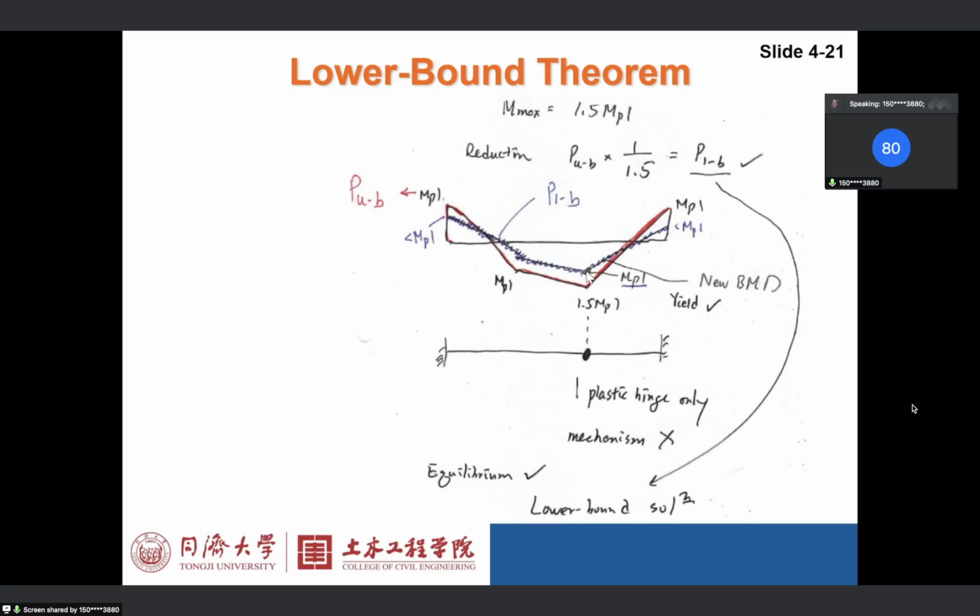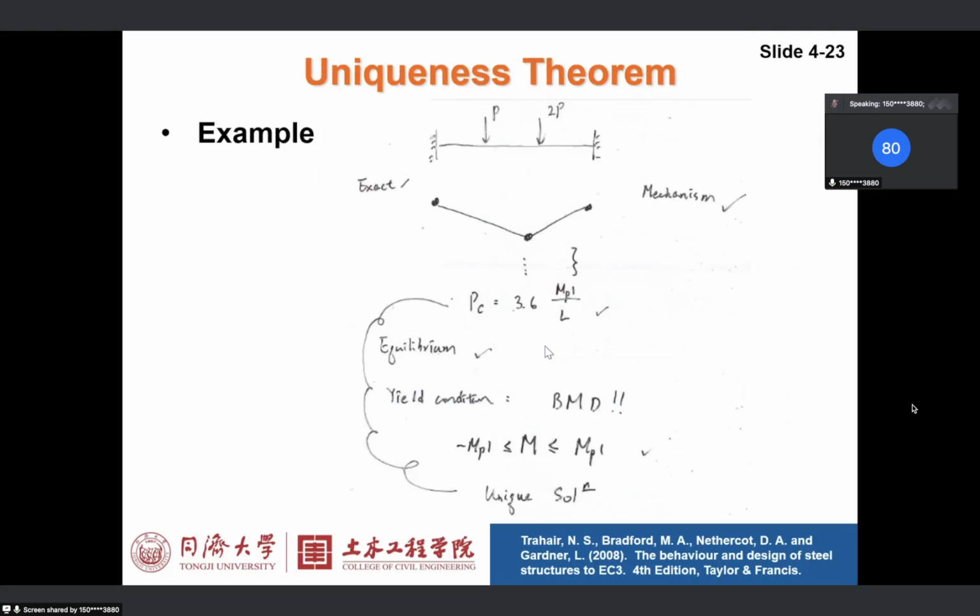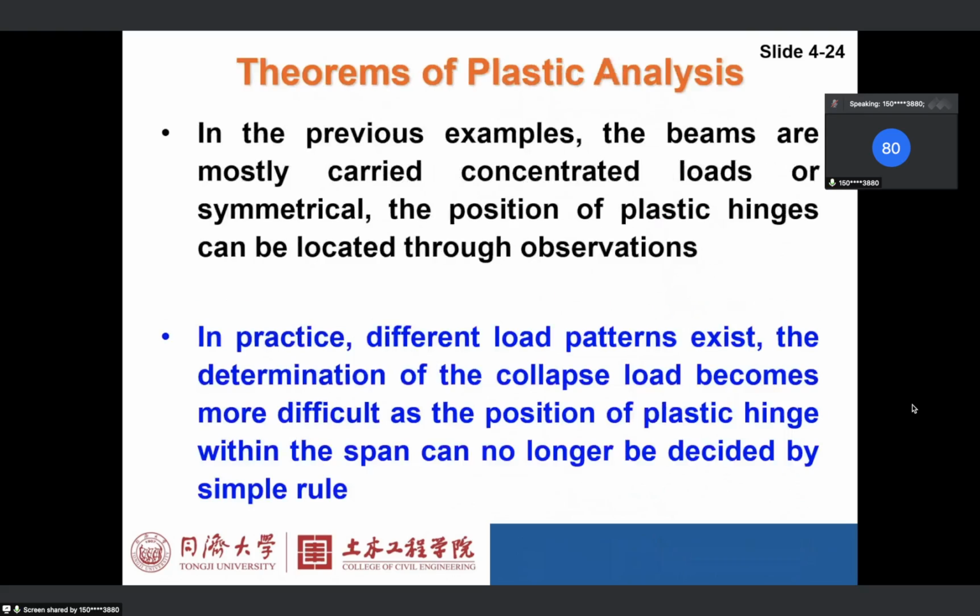So we only have one MPL here, which is reduced from 1.5 MPL to 1. So we now only have one plastic hinge. That's the reason. Anyway, let's continue.